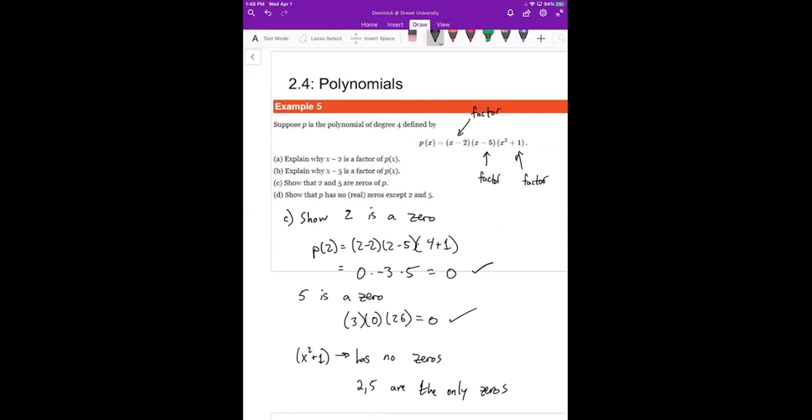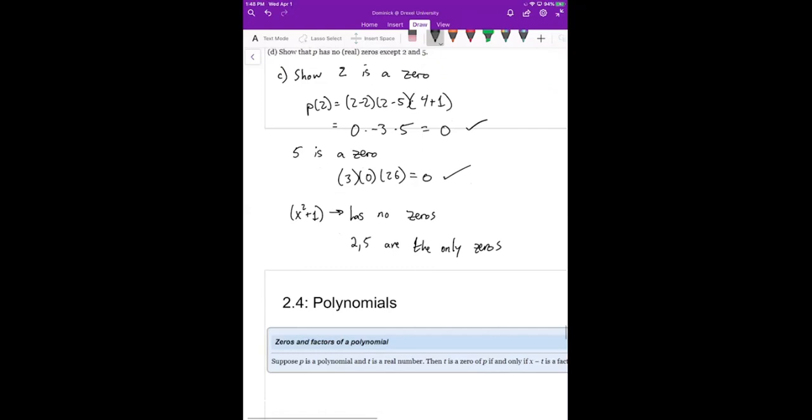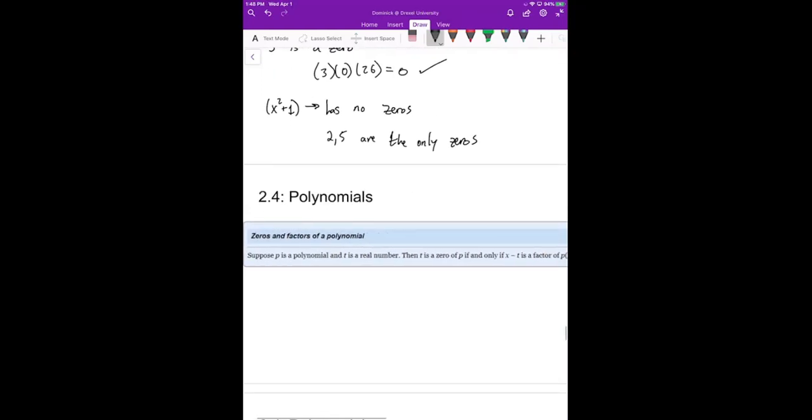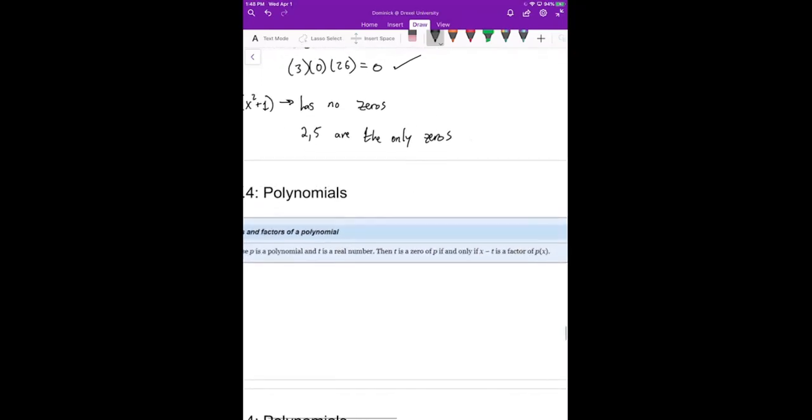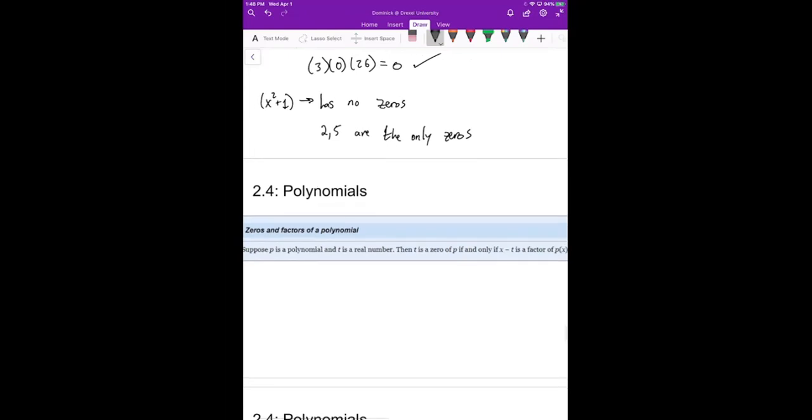Okay, so that's a little bit more about factoring in zeros. All right, now of course the relationship between this is that if you have a polynomial p, and in this case we're using t, so I should say p of t. So p of t is a polynomial.